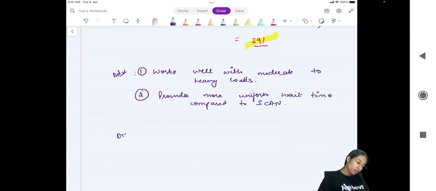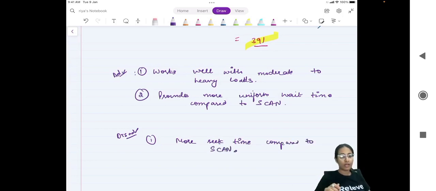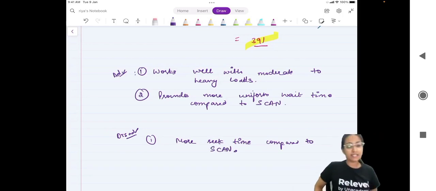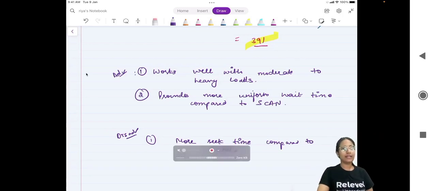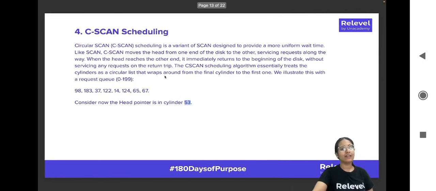So I think one of the major disadvantages over here is that it has more seek time compared to SCAN. Okay, so that's what the overall idea is whenever we try to understand the C-SCAN algorithm.